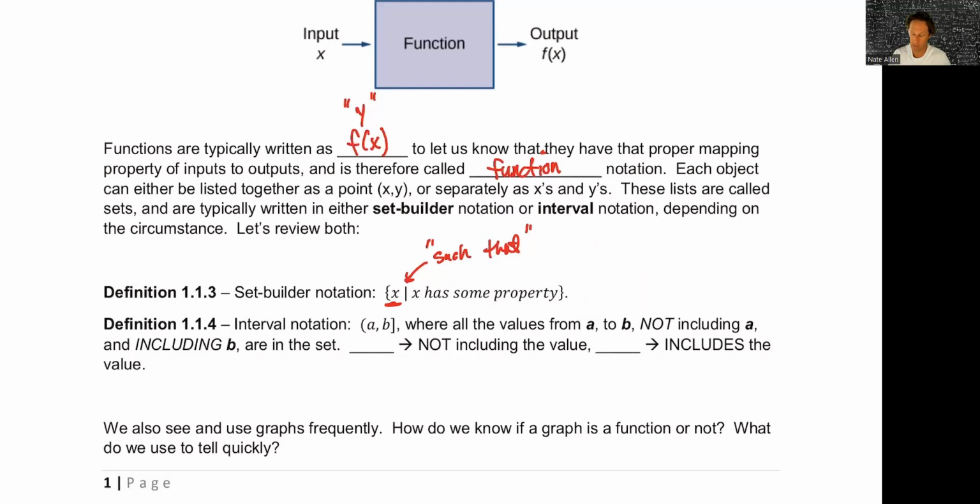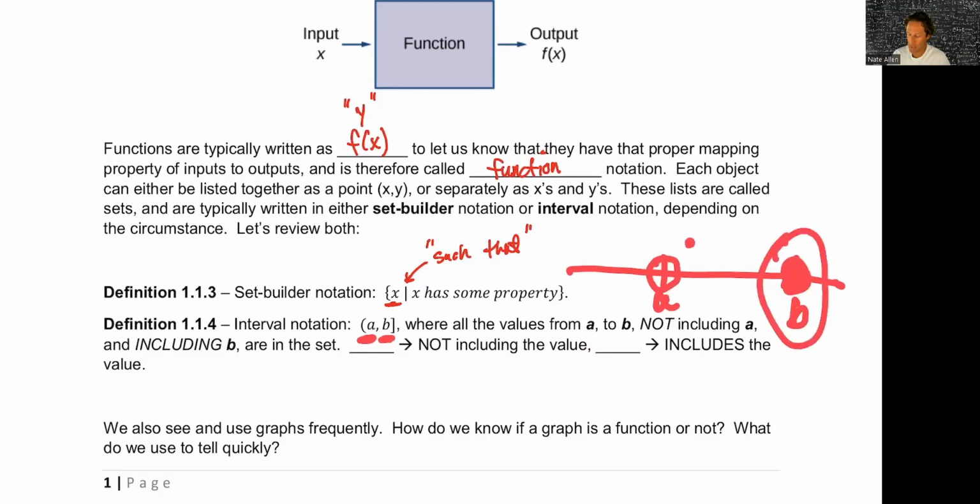And that's why we use what is called the interval of numbers with either a parenthesis or a bracket. The way that we read from left to right, the same way that we read on our number line. So it would be A here and then B there. When we did these, you'd put open dots or closed dots to represent including B and excluding A, but everything in between.